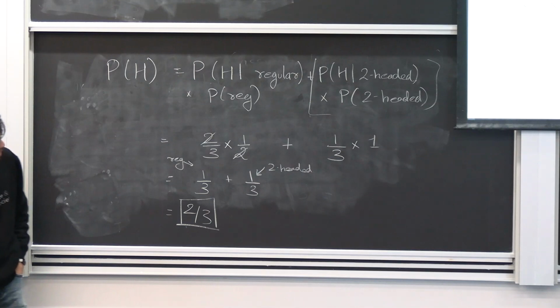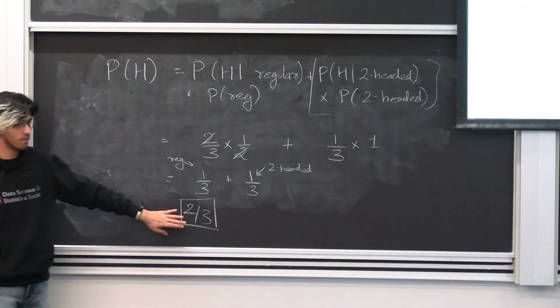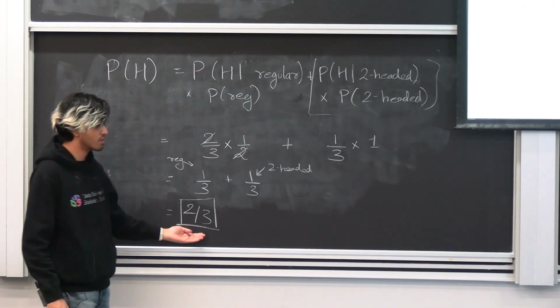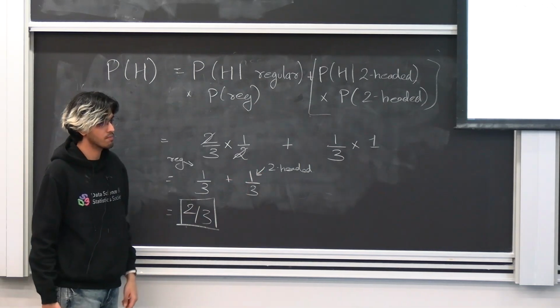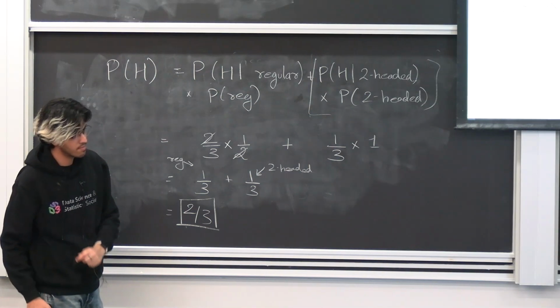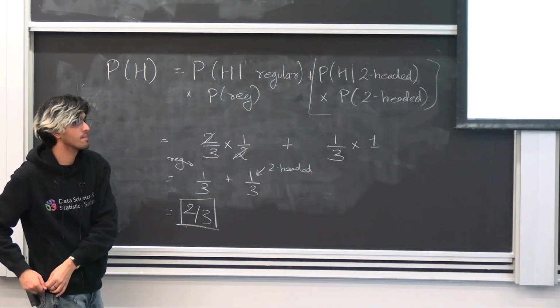We're conditioning on the result being heads. So what we're actually asking is, out of the probability, whatever it is, of it being heads, what proportion of this 2/3 came from the two-headed part? I mean half, sorry. Half, right?